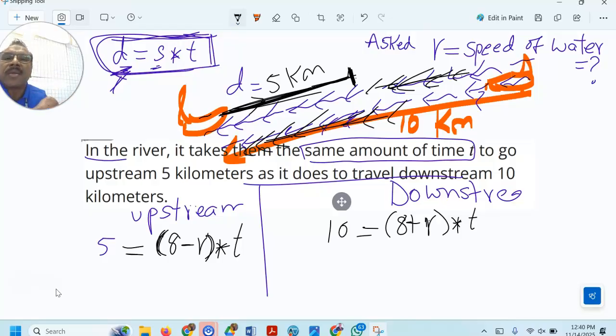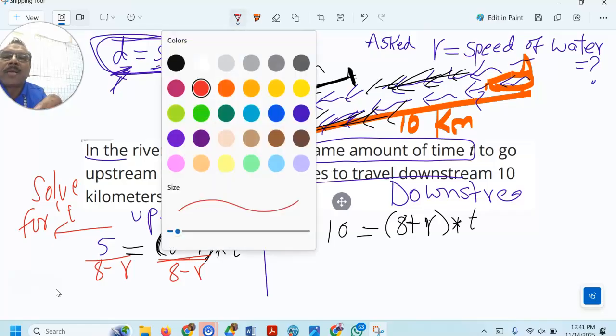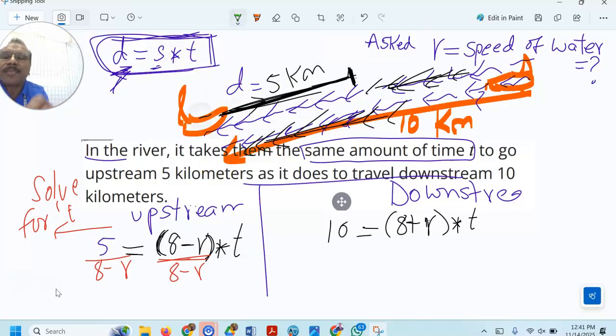So what you do next is solve for t. That means you are dividing by 8 minus r here. You divide by 8 minus r, so that way we can cross out the 8 minus r and 8 minus r.